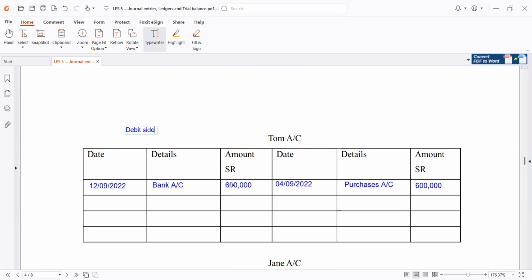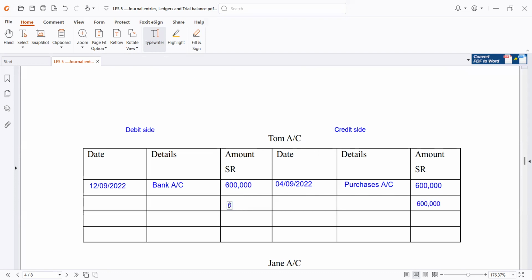So on the debit side, we only have 600,000. The credit side for Tom account, we have 600,000. So we do not have any balance carrying. We are not carrying any balance forward. The account is closed, but you need to put the 600,000 on both sides.